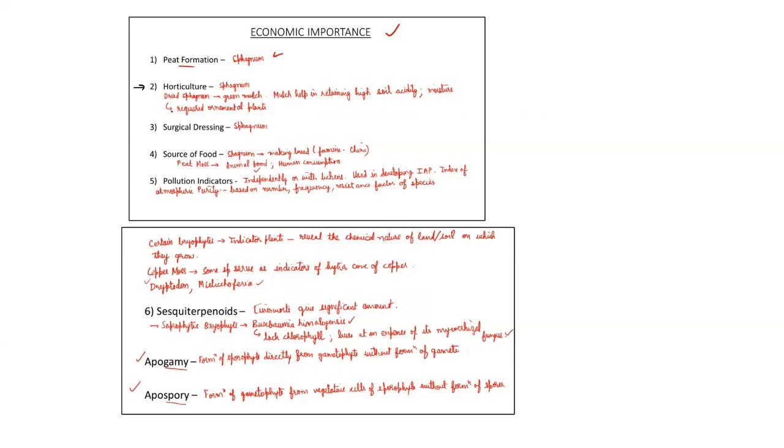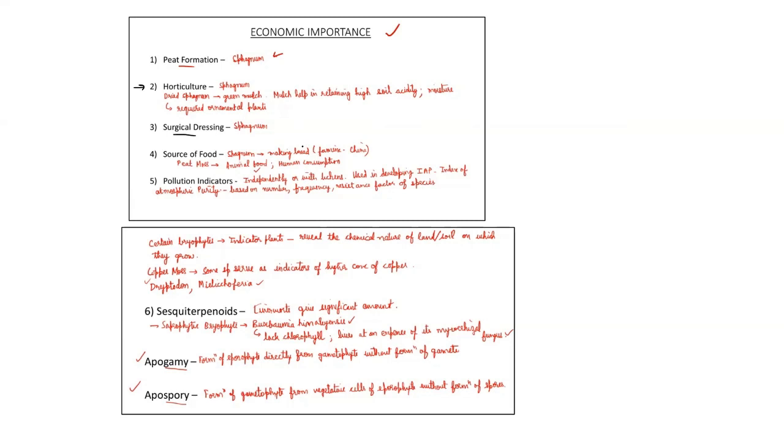Sphagnum can also be used as a packing material for sending various plant materials to different places. Sphagnum was also used in the World War as surgical dressing. It can be used as fodder for animals, and it can also be consumed by humans. It was used for making bread when China was under famine conditions.